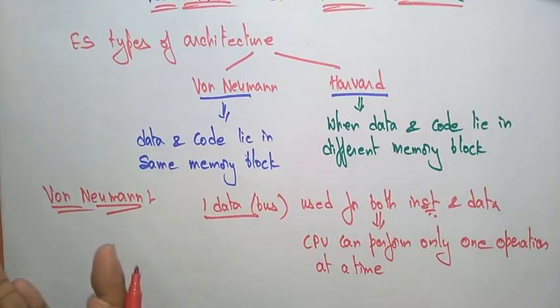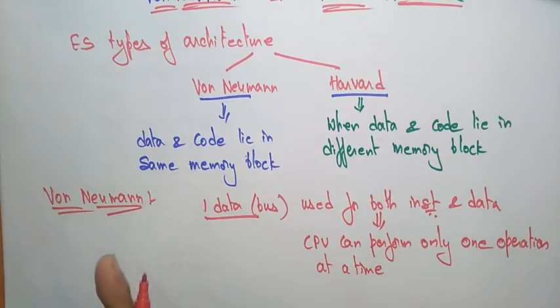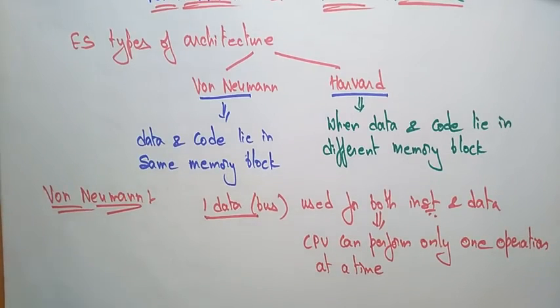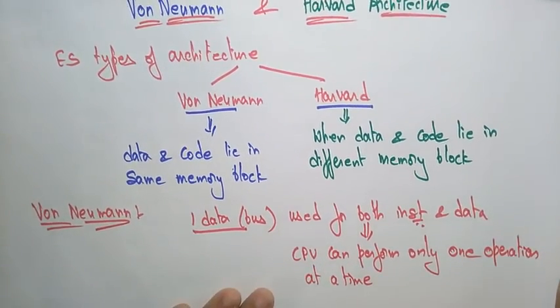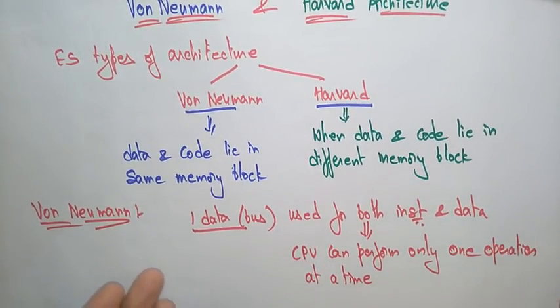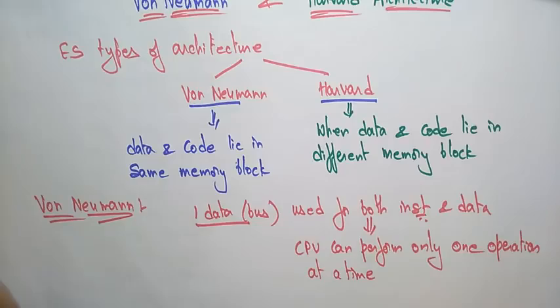That is the von Neumann architecture. It allows use of single and sequential memory. It supports only simple hardware. Why? Because only one bus is used for both instructions and data, so there is no need for a complicated circuit. Let me show you that diagram.